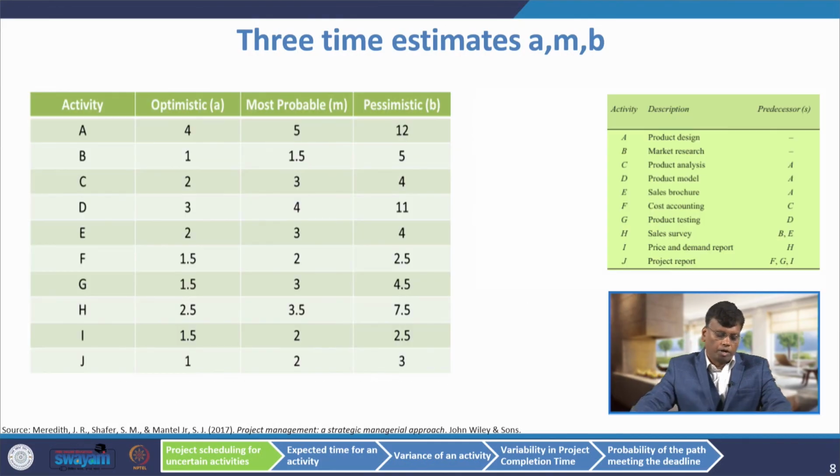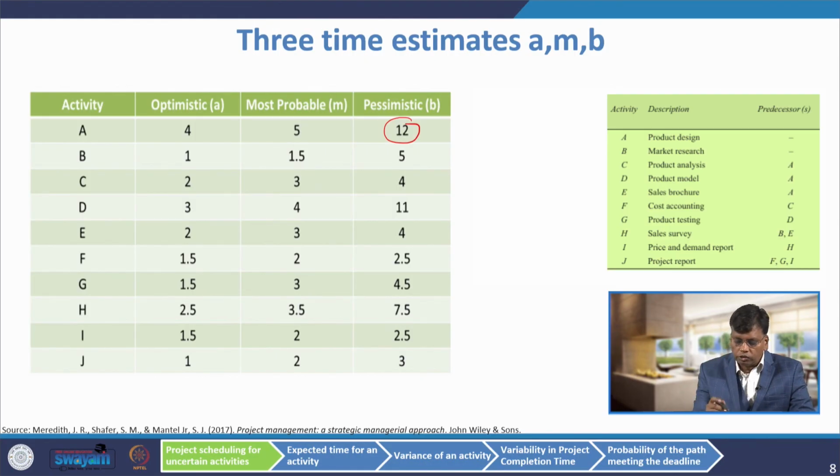So, this is the given problem. For example, for activity A, the optimistic time is 4 units, assume it is weeks or days. The pessimistic time is 12 units and the most likely time is 5 units. For each activity A, B, C, D, E, F, G, H, I, J, there are 3 time estimates given.